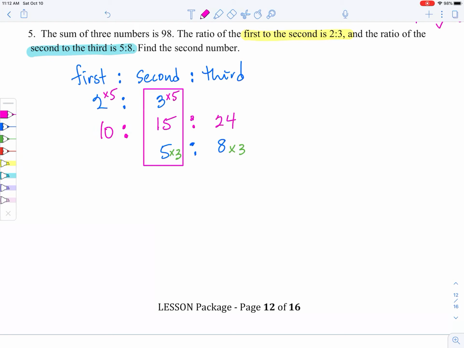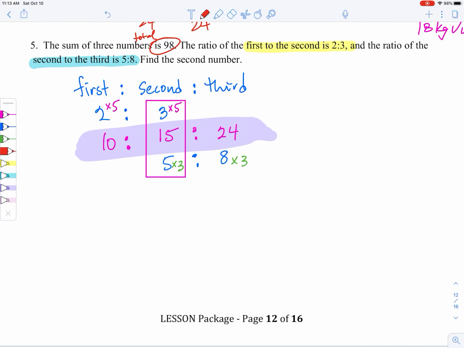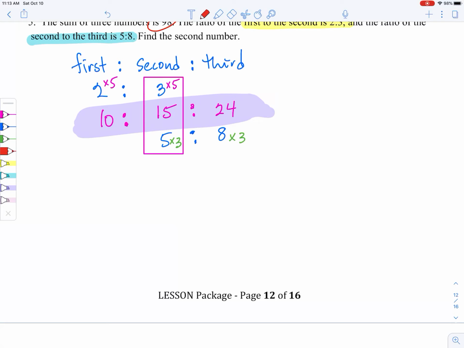So now we have one big ratio comparing the first to the second to the third. And if we have those ratios and we're given a total, remember this number here is a total. So if it's 10 to 15 to 24, I could write that as 10K to 15K to 24K. And when I add up all those parts, it equals 98. So 10K plus 15K plus 24K gives us 49K. Divide both sides by 49.